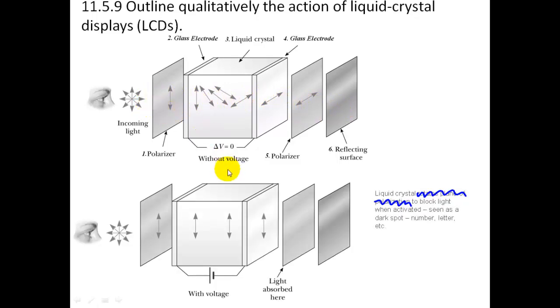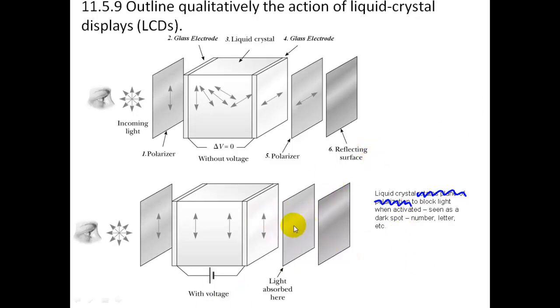However, if you turn on the calculator and you press a button, basically the voltage stops this from rotating the plane of polarization. So this will only allow the vertical plane of the electric component to be transmitted. And this is a horizontal plane, this one here.